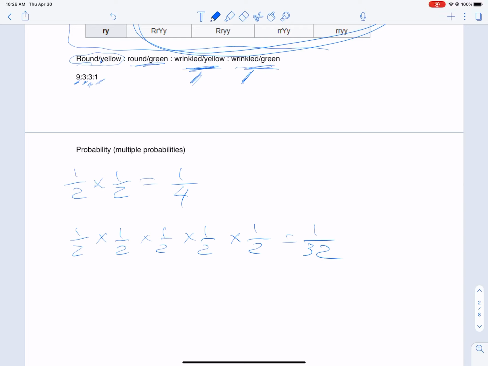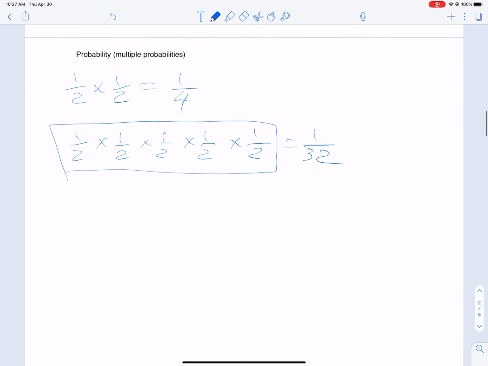Now, at any point in time, let's say you already have a girl. What's the odds your next one's going to be a girl? It's 1/2. It doesn't matter what happened before. If you had 4 girls in a row, or in this case, if you had 5 girls in a row like my sister did, what are the probabilities the next one's going to be a girl? 1/2. Actually, they had another child, and it was a boy.